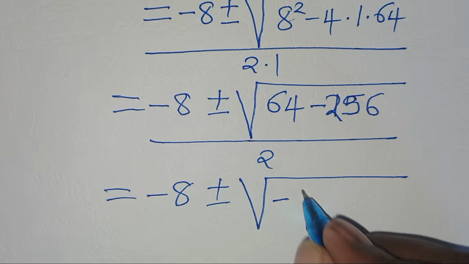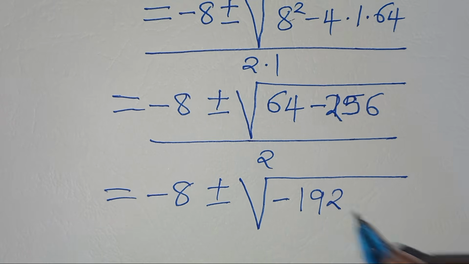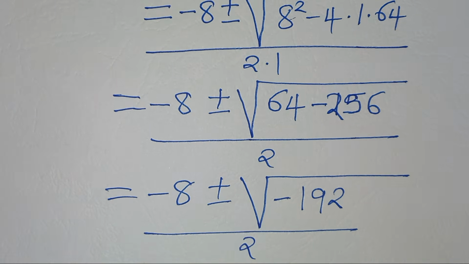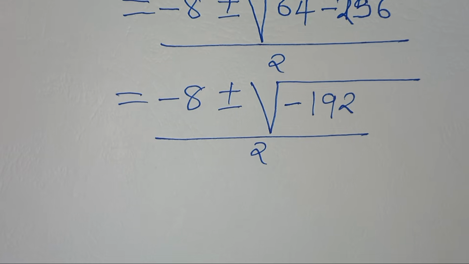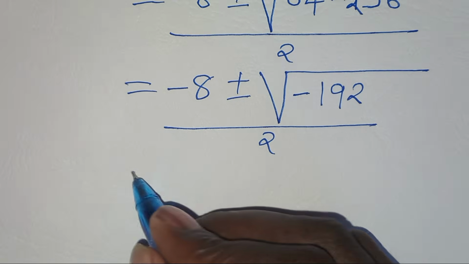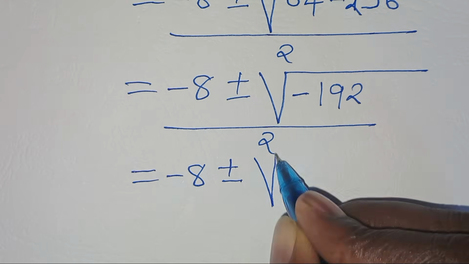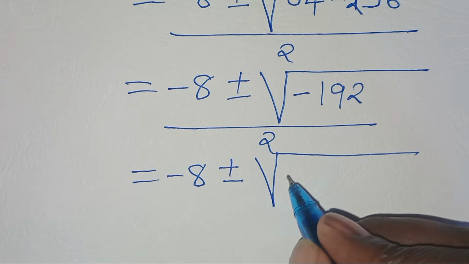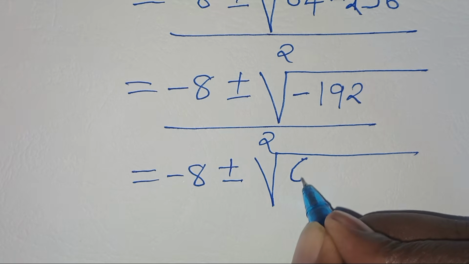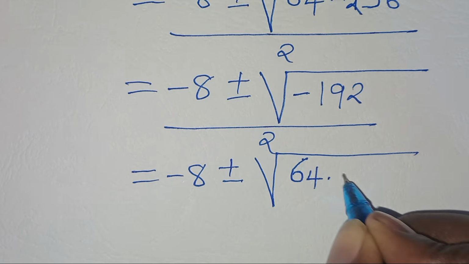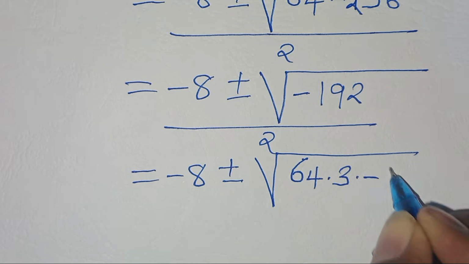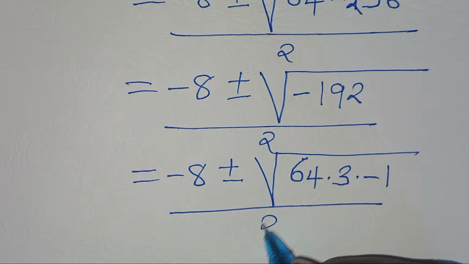This means we have negative 192 divided by 2. The next step is that we have negative 8 plus or minus, and we can express the square root of negative 192 as the square root of 64 multiplied by 3 multiplied by negative 1, divided by 2.